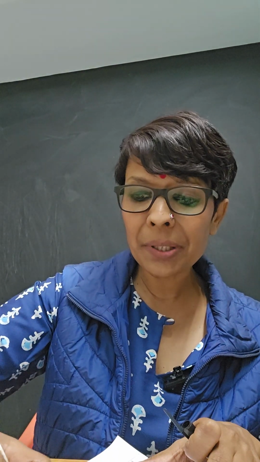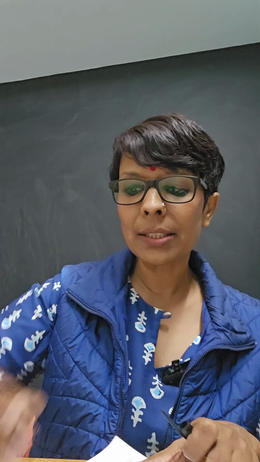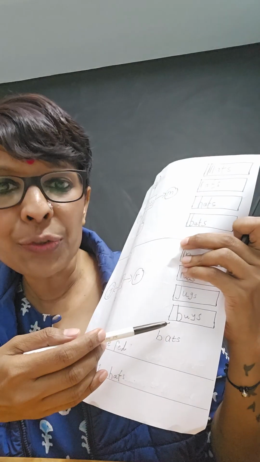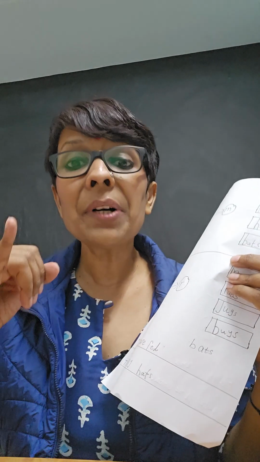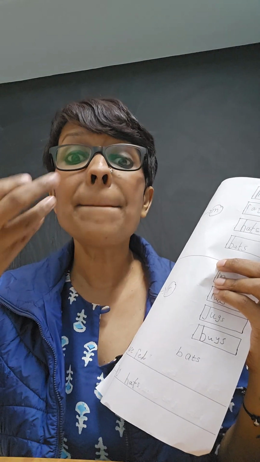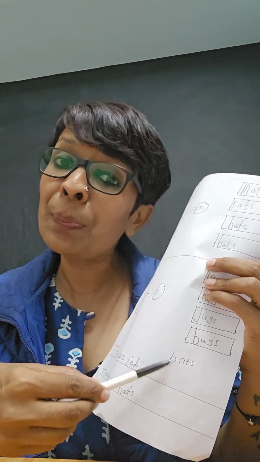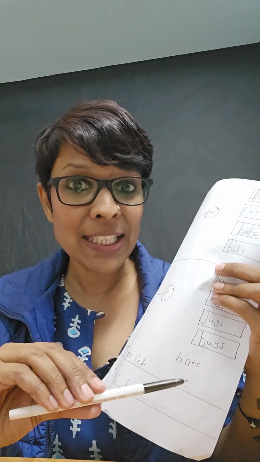Otherwise, normally, how is the word presented? We normally say "b" and then it's written like this. So it becomes easier for the child to blend as well, like "b", "at", bats, right? Because the child is also having the appropriate visual representation of the same thing.